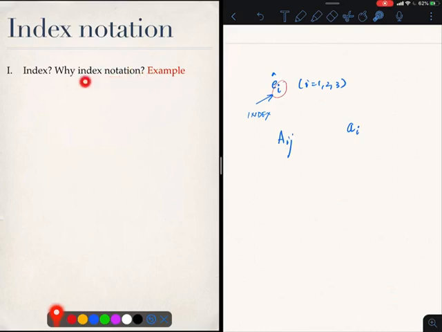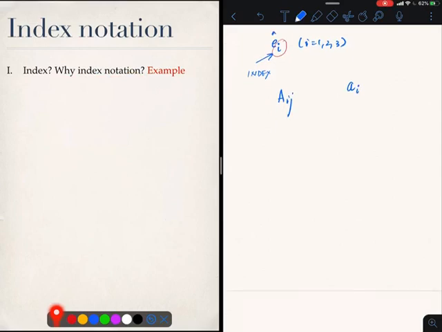Why should we do them? We do them because index notation helps simplify and reduce the amount of algebra we have to do. Also, for example, a very common operation that you will see in mechanics is a triple product, A cross B cross C. And for example, this comes when you are trying to compute centripetal acceleration.